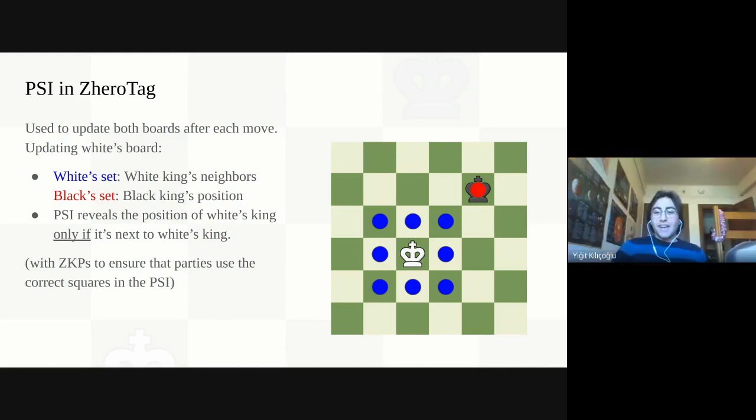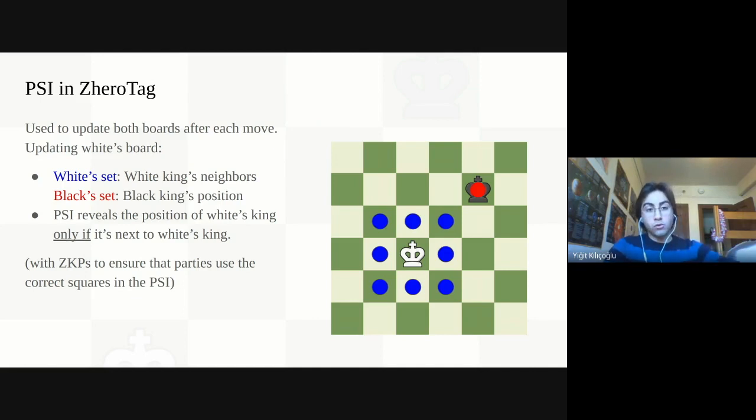Okay. So with ZheroTag, the application is very straightforward. The most efficient protocol that I could find uses PSI 2 times, and each PSI is responsible for updating only one of the boards. So let's say we're trying to update White's board.